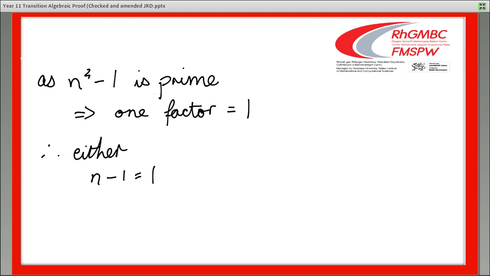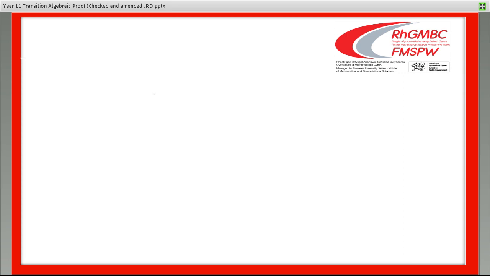So either n minus 1 equals 1, so this implies n equals 2, or n plus 1 equals 1. So this implies that n equals 0.